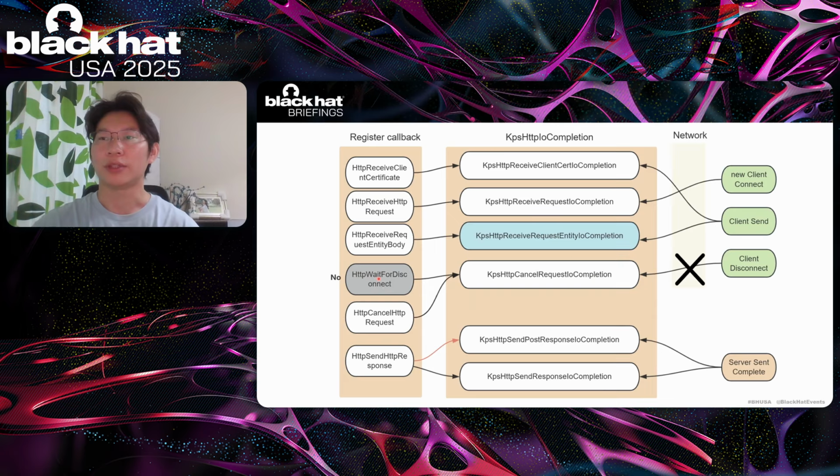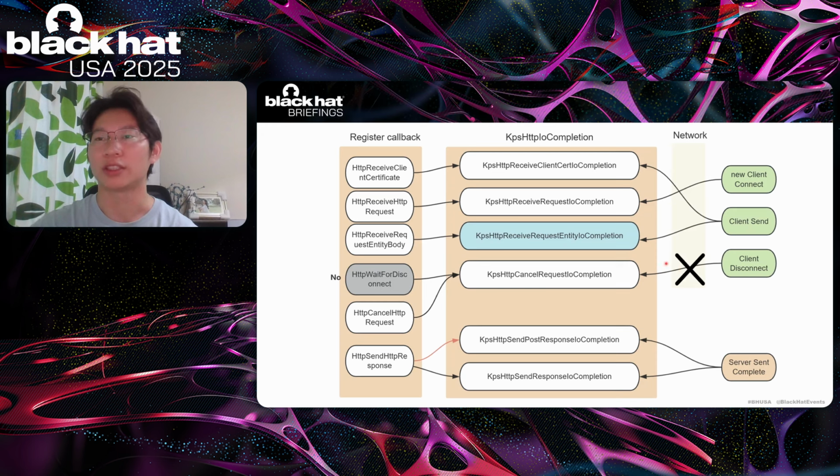Since the service does not register HTTP wait for disconnect, the server does not respond when the client disconnects the HTTP connection, leading to new issues, though this is not our main focus.